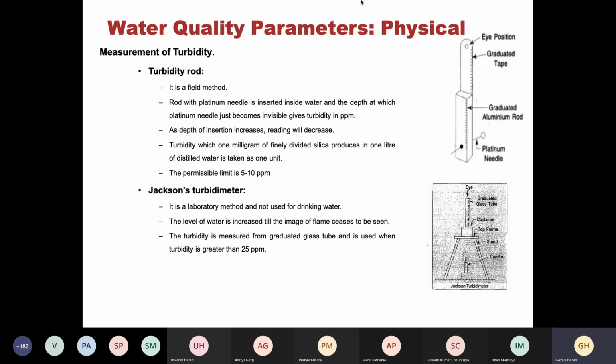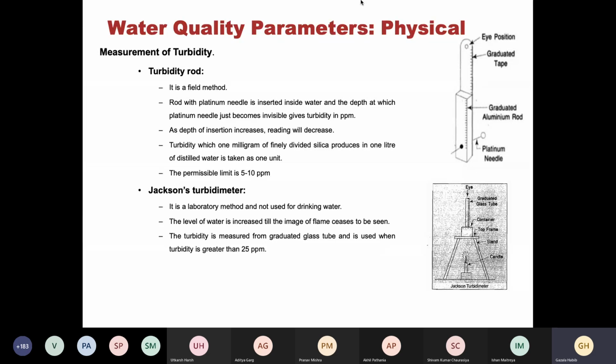Now there are two methods. One is the turbidity rod, the other is the Jackson turbidity meter. The first one is a field instrument that can be used directly in a river or any water body. The Jackson turbidity meter is a laboratory method.